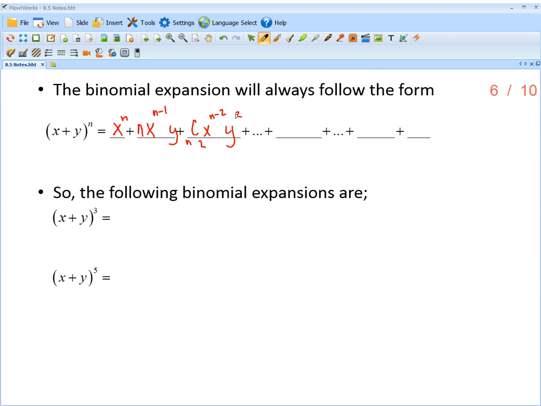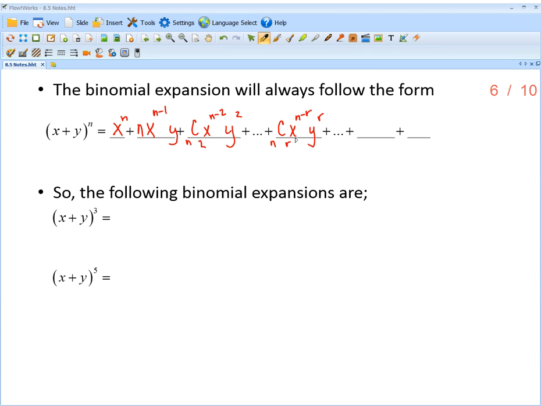When this says n choose 2, the reason it's 2 is because that is the exponent on the y. So your formula for any of these is that you're doing n choose r times x to the n minus r, y to the r.